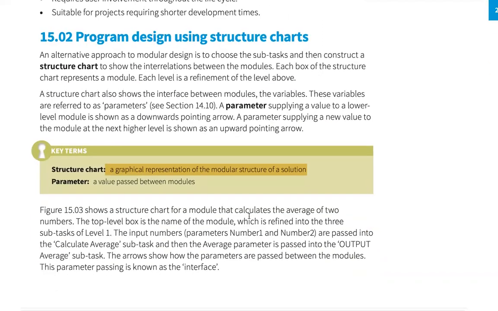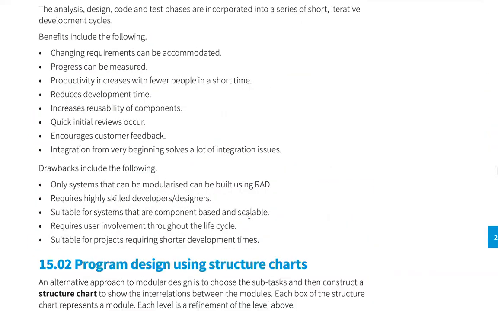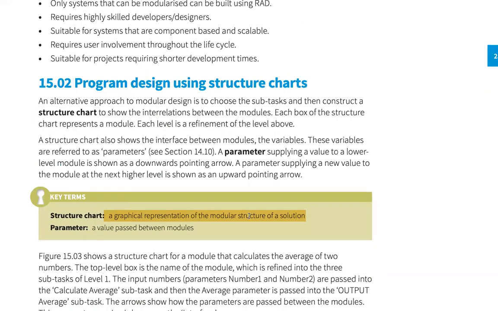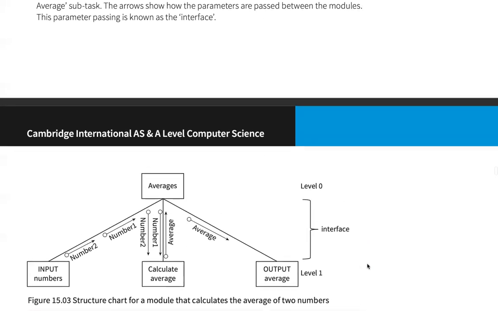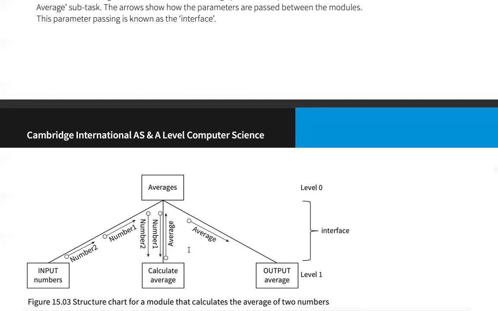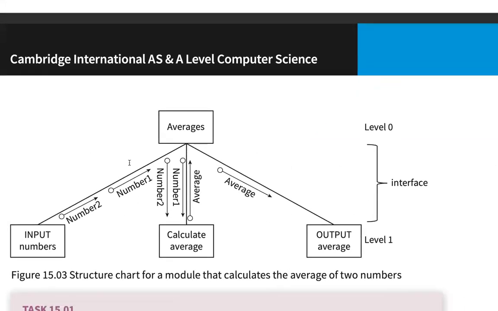And then we have program design and structure charts, the different ways a program can be represented. Let's try to understand what a structure chart is. Basically, if you understand what stepwise refinement is, and if you don't, let's consider this diagram. For the time being, ignore these arrows and the text beneath them.